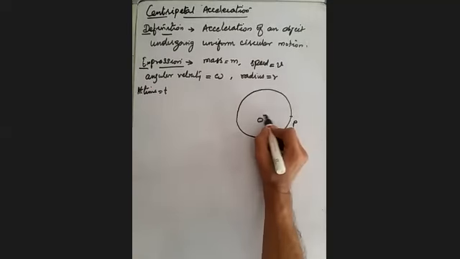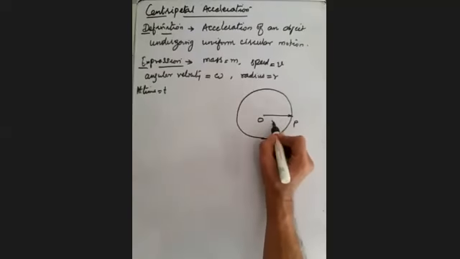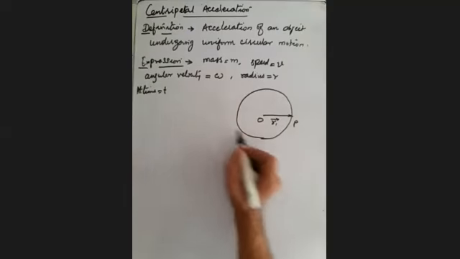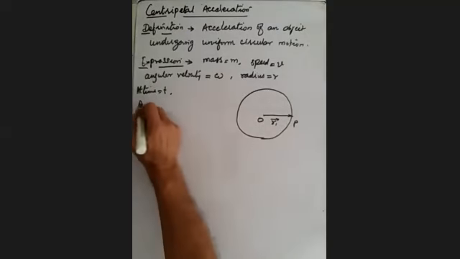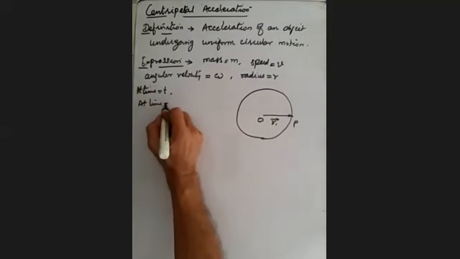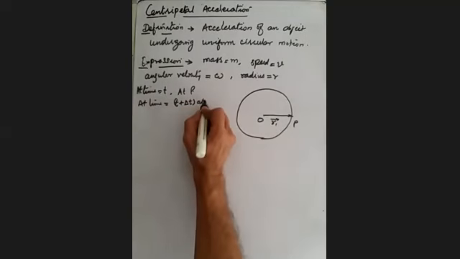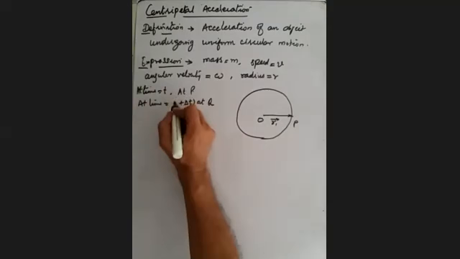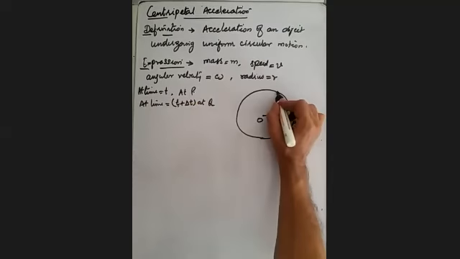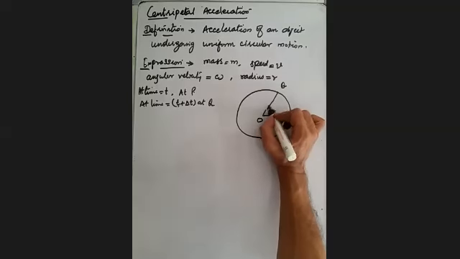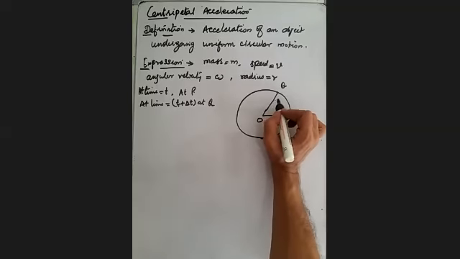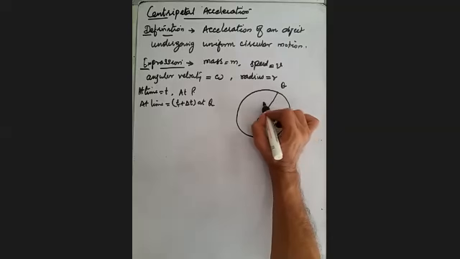The position vector of the particle is given by r1. Let us say at time t plus delta t, the particle is at Q. The position vector of the particle at time t plus delta t is, let us say, r2.